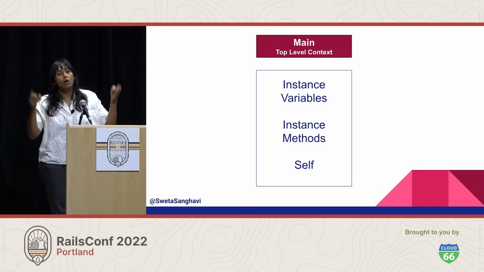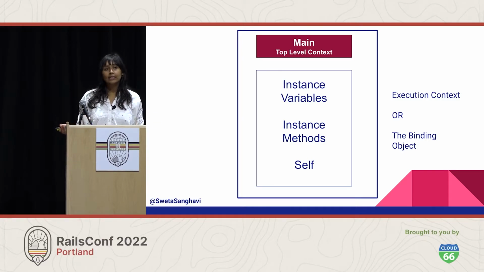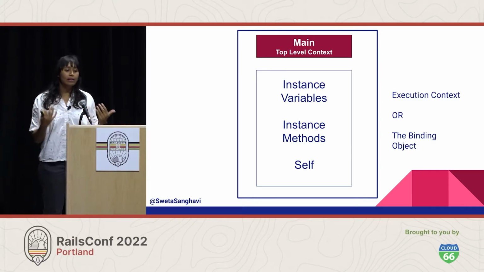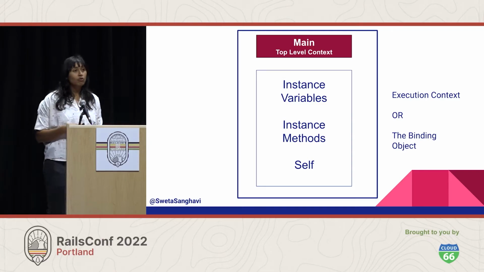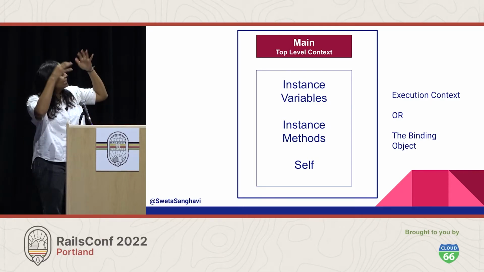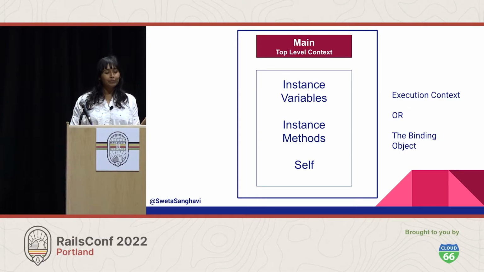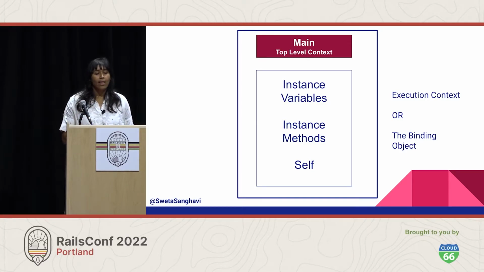When we think about all of that in totality, we call it the execution context. And in Ruby, you actually have access to context through the binding object. Binding is a built-in Ruby class whose objects can encapsulate the context at your current scope. So that's what's going to give us access to the variables and methods at the specific point in context.